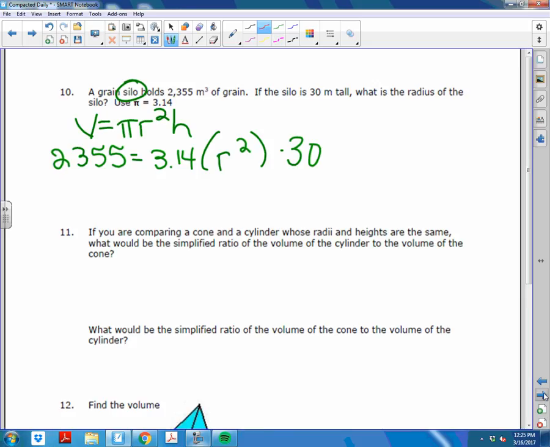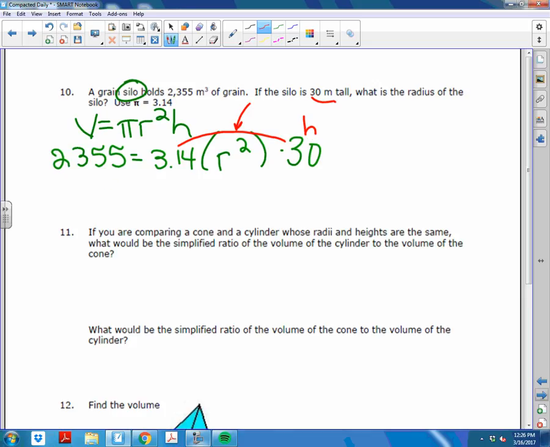Okay, now, does everyone understand what I've done? I was given the height. I already had pi, and I was given the volume. I was not given this, so I leave it as r squared. Now, what I can do is multiply the 3.14 times the 30.